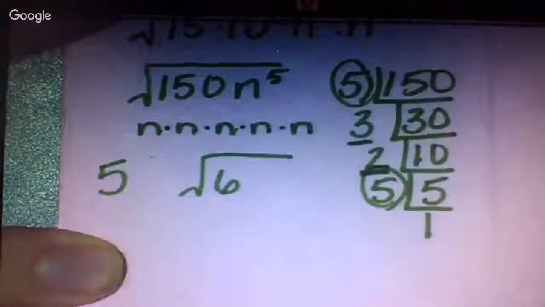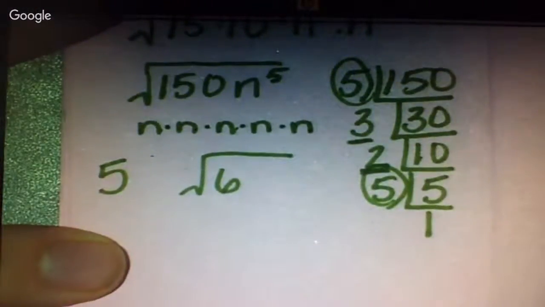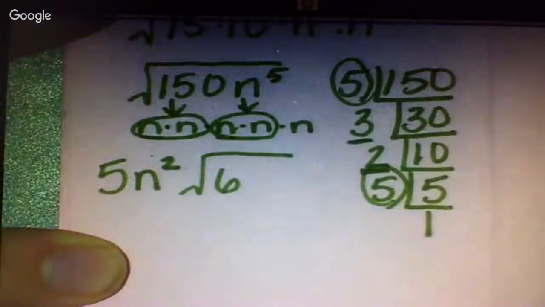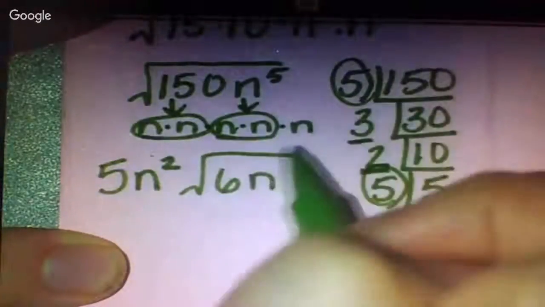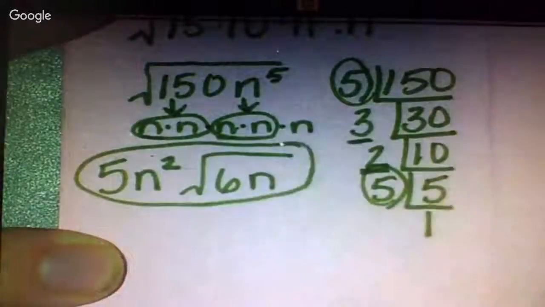Okay, we also have to deal with these n's, which is why I left some space. You got 5 n's. So I've got n squared out front because I've got 2 groups of them that come out front and 1 n that goes underneath.